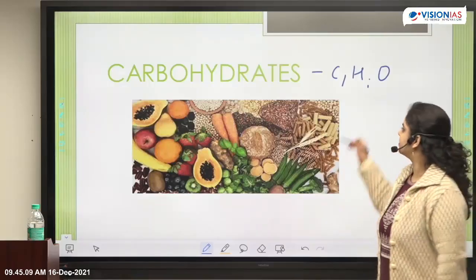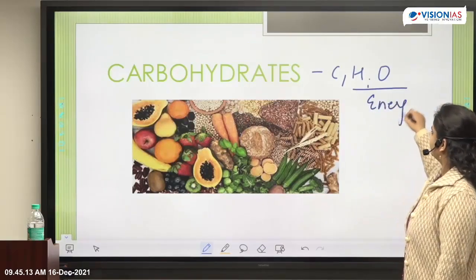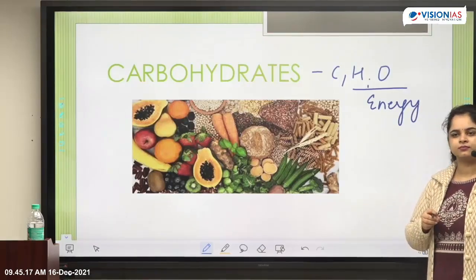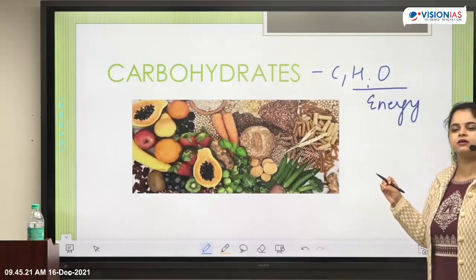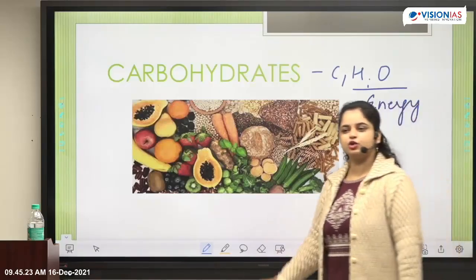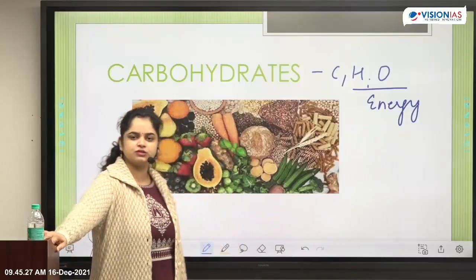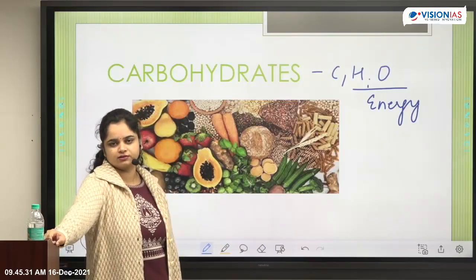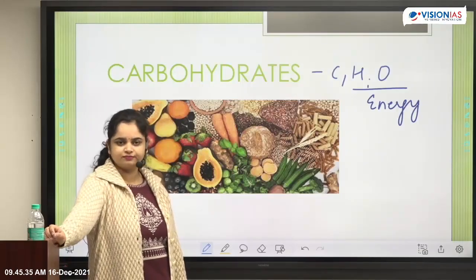And the main purpose which it has is to provide energy. Carbohydrates are the energy giving nutrient for the body. So when the body has to produce energy, the first thing which it will look for is carbohydrates. That is what is going to become the source of energy.